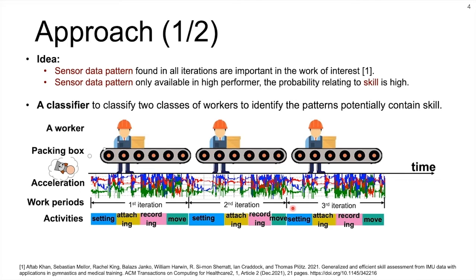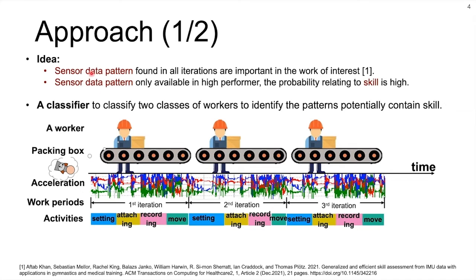Our approach corresponding to the first objective uses a classifier to identify the sensor data patterns that potentially contain skill. There is a worker who repeatedly performs a packing box task, and we collect sensor data from the worker's wrist.